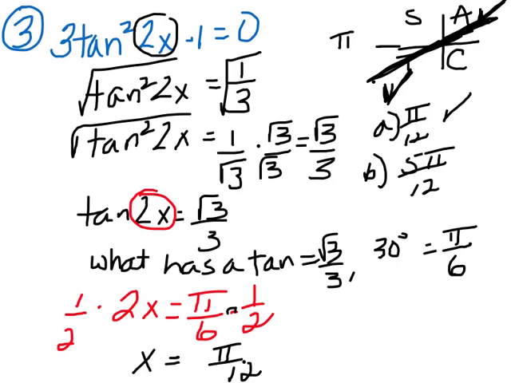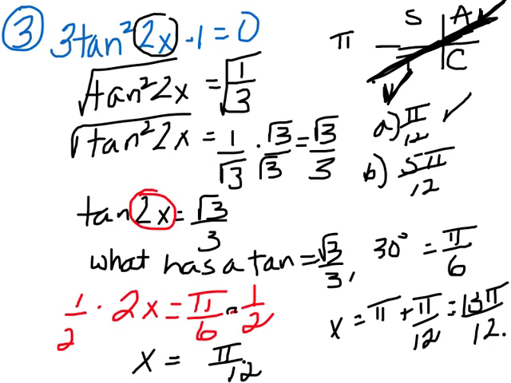So the other angle, this 5 pi over 12, I could say, well, it's pi plus that pi over 12 reference angle. Okay. And that would be 13 pi over 12. Is that what they asked me? Nope.